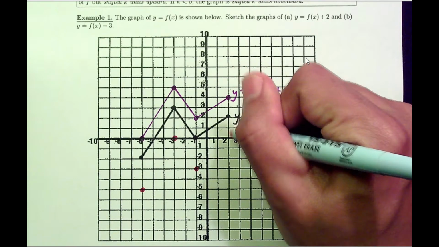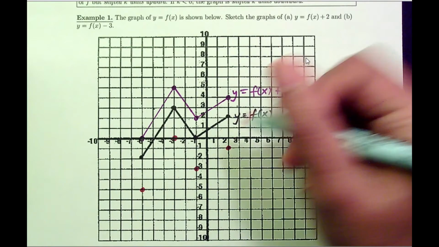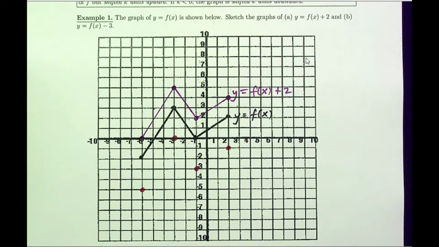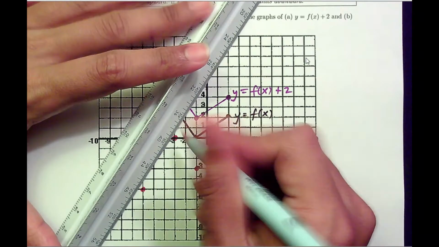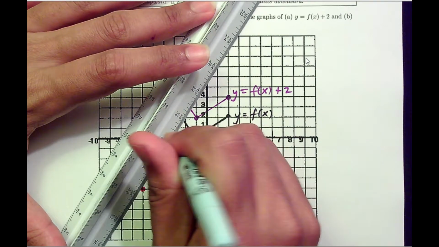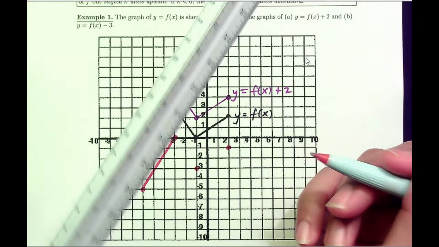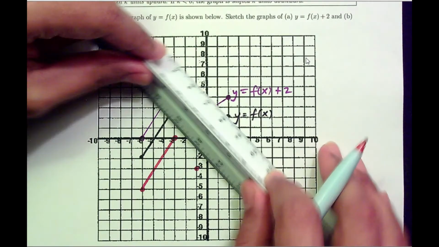And 1, 2, 3 there. So everything is moved down by 3. And now let's connect the dots. So connecting those two, we get that there. Now let's connect to these two.